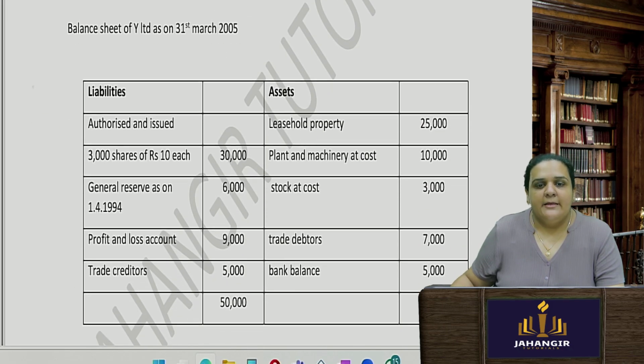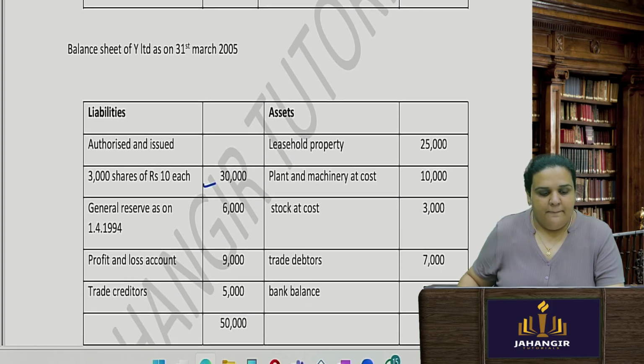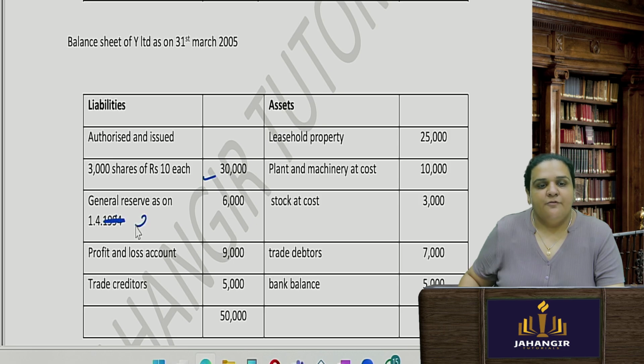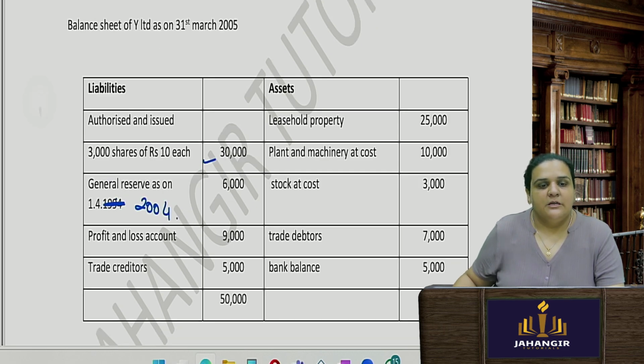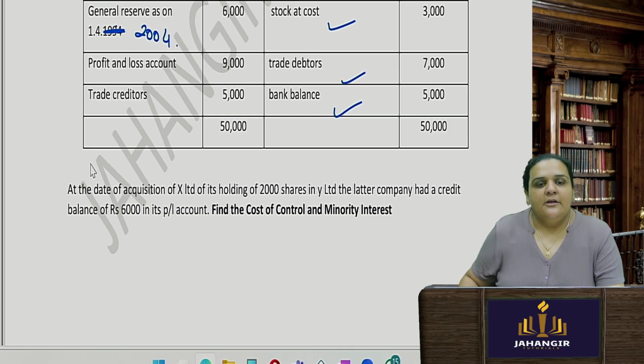Balance sheet of Y Limited. We have 3,000 shares. General reserve as on 1st of April 2004. P&L, trade creditors, property, plant at cost, stock, trade debtors, bank balance. At the date of acquisition of X Limited, of its holding of 2,000 shares in Y Limited.